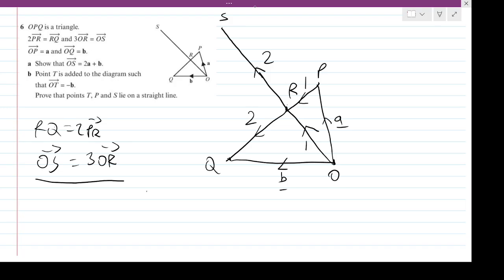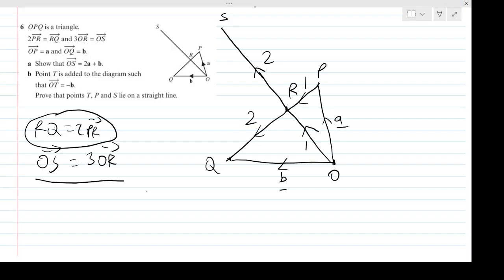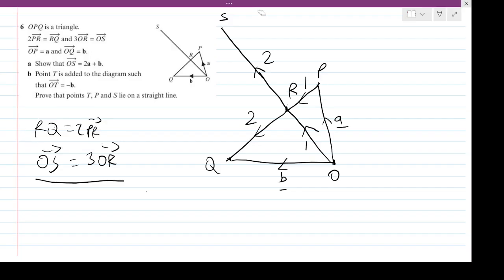Hopefully you understood how I label the diagram in that way, in particular with these numbers here, so the ratios here. So RQ is 2 lots of PR. So again, to recap, P to R is there, that's going to be one part. So then R to Q, that vector there, is going to be 2 lots of that, so double P to R. So 1 to 2, right?